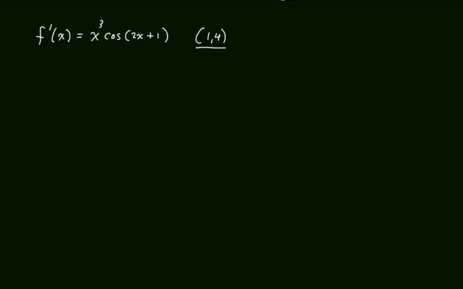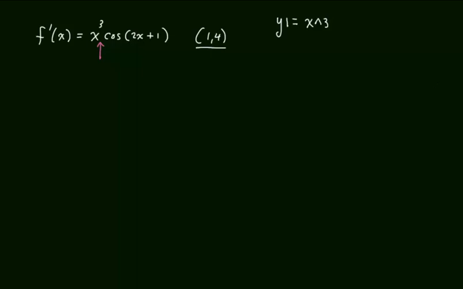Okay. Here's the first thing we need to do. We're going to go into our calculator and define y1 to be this derivative equation. So it's going to be x to the power of 3. But something very important that you're going to want to remember for your AP test and for my test: when a function is written as polynomial times trigonometric, for some reason some calculators do not recognize that as multiplication.